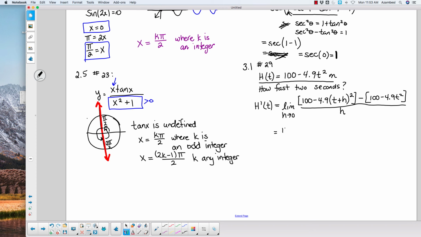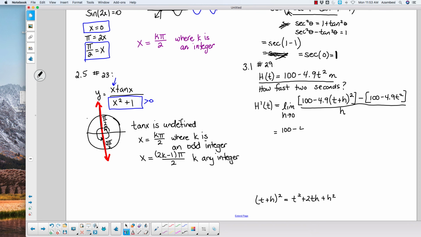Simplifying, 100 minus this t plus h squared, remember, is t squared plus 2th plus h squared.